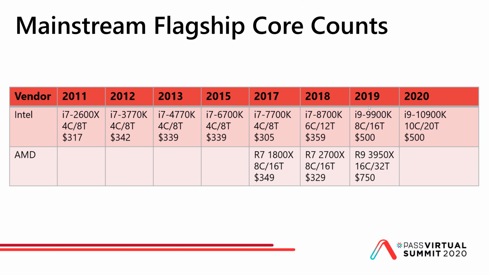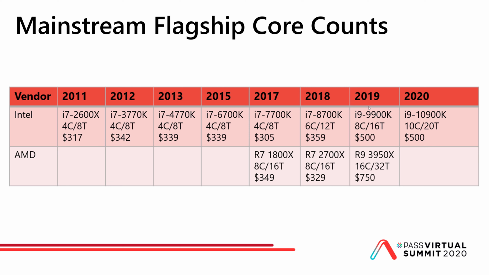And then in 2015 with Skylake, they still had 4 cores and 8 threads. They had an absolute monopoly on the desktop. And then finally in 2017, they did Kaby Lake, the Core i7 7700K, and that still only had 4 cores and 8 threads. That was the best you could get from Intel in a mainstream platform.